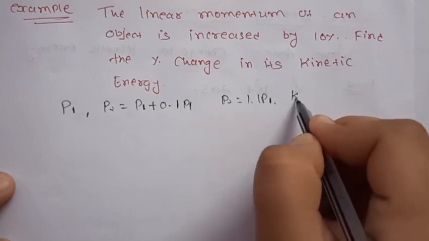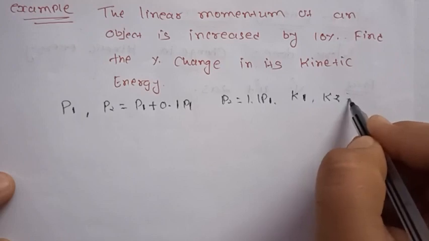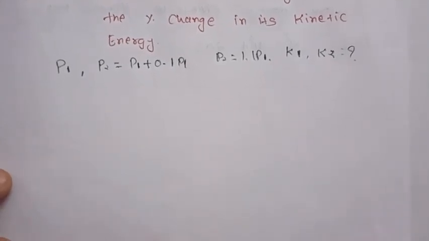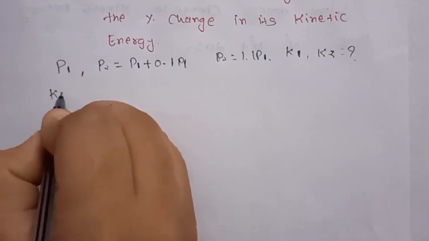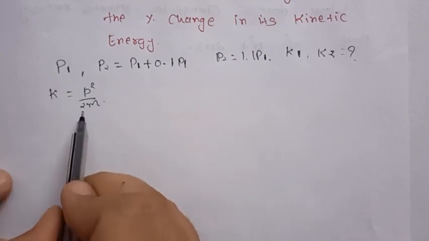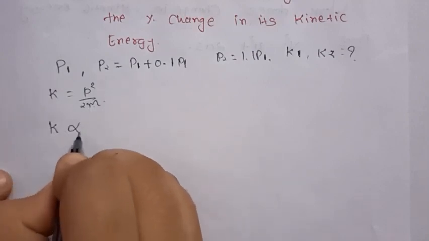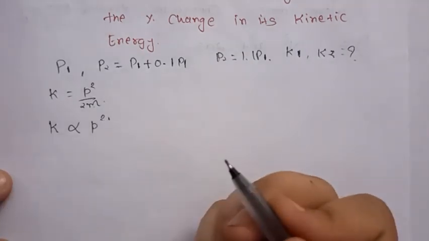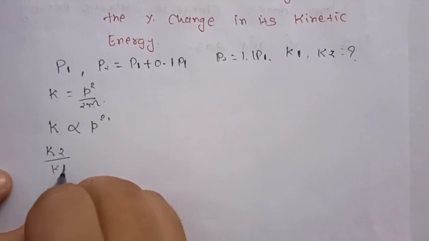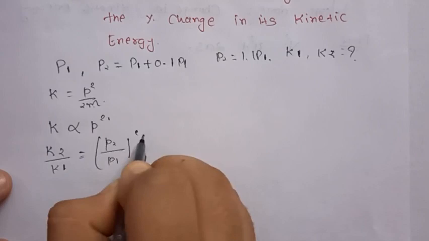Let's say the initial kinetic energy was K1. We want to find the final kinetic energy and then we can find the percentage change. Just as we have seen, the kinetic energy is equal to P square by 2m. Here the mass of the object will remain constant, so we can write kinetic energy is directly proportional to P square. So if we take the ratio, K2 upon K1 is equal to P2 upon P1 whole square.